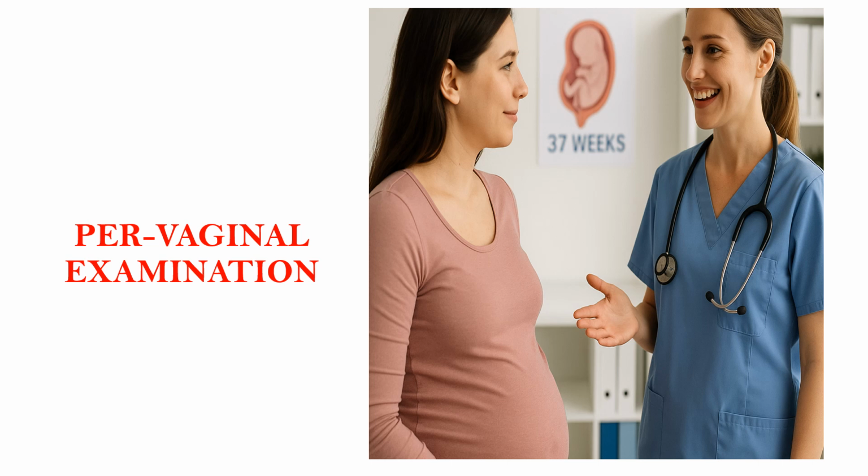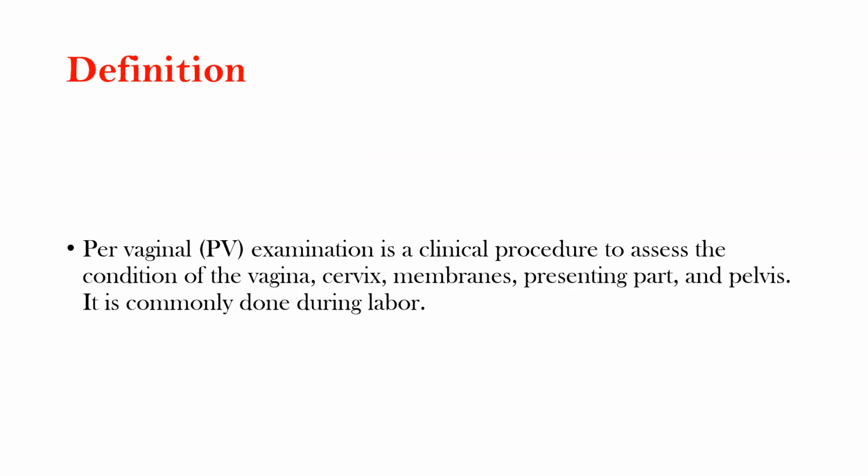Today, let's learn about per vaginal examination. Okay, so let's start with the definition of per vaginal examination. It is a clinical procedure to assess the condition of the vagina, cervix, and membranes. Membranes means the amniotic sac. Presenting part is whatever is there on the cervix.